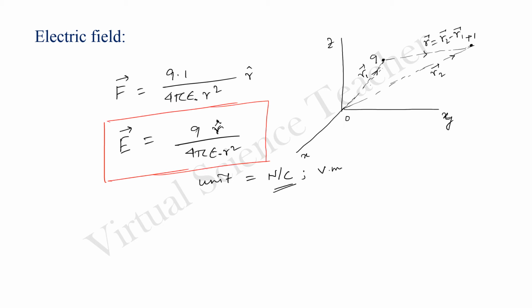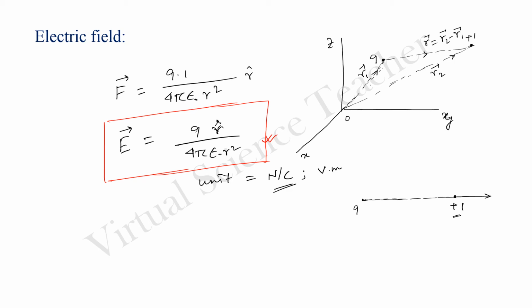So the electric field due to a charge is denoted by this equation, and now the direction of the electric field. There is always a positive unit charge and there is a charge Q. If the charge Q is positively charged, then it will repel the positive unit charge.